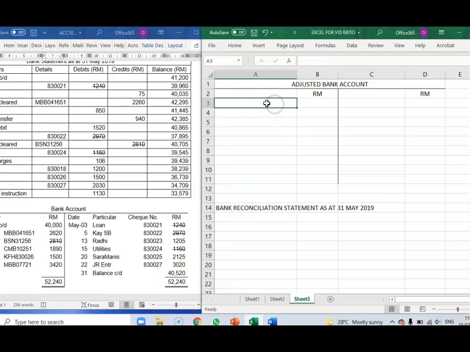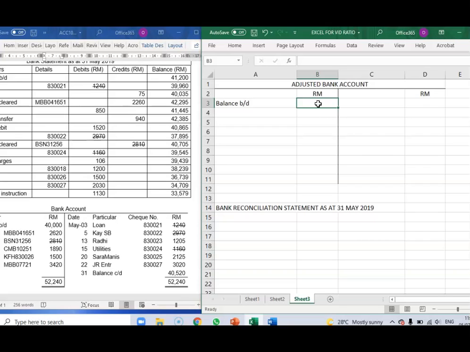So you must put here the ending balance. You can put the balance c/d, but you must take the ending balance of the bank account, the ending balance, baki terakhir, on the date of the 31st or 30th of the month.